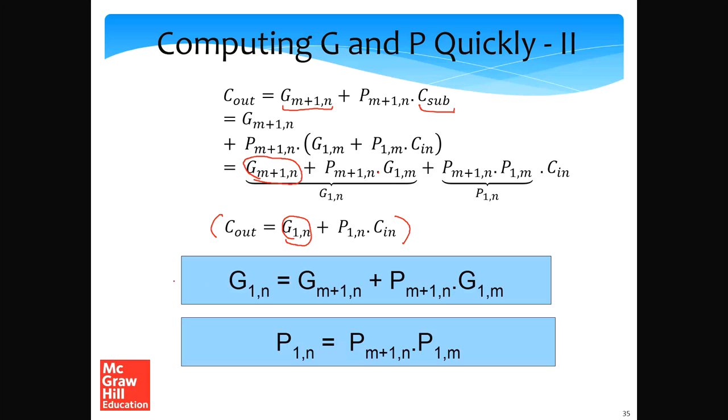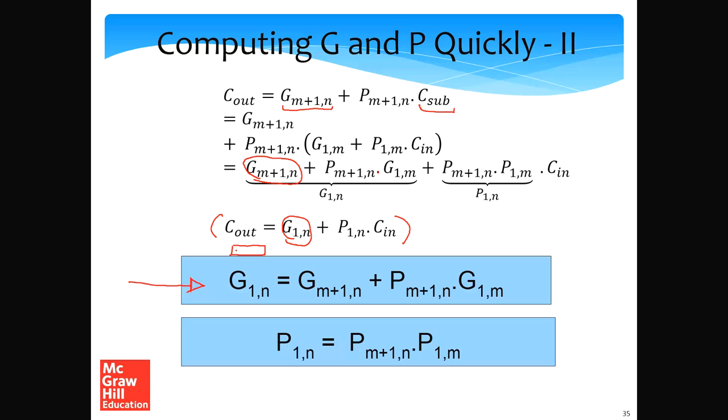So the important equations that we get from this section: generate 1 to n. Consider a block of the first 1 to n bits. When will it actually generate a carry?